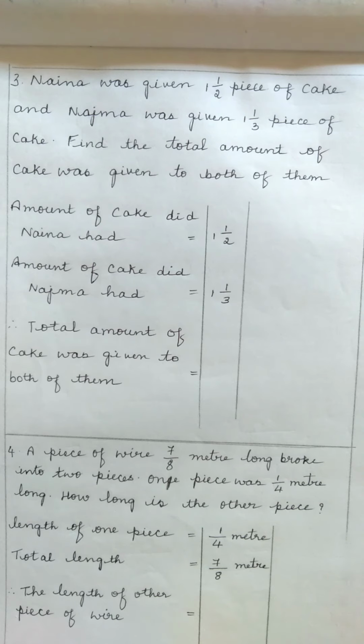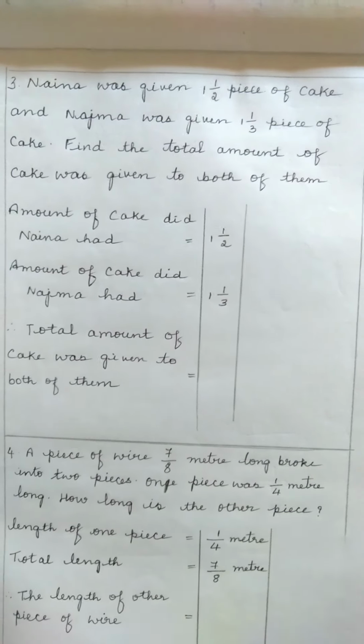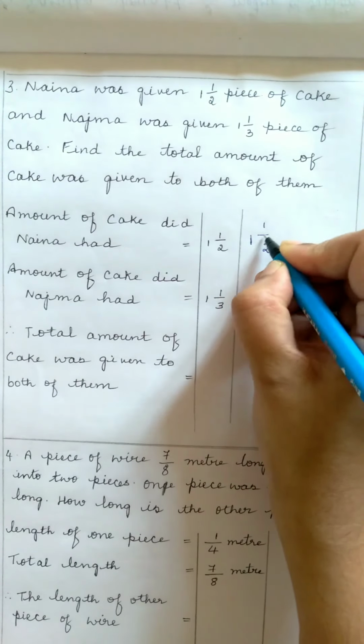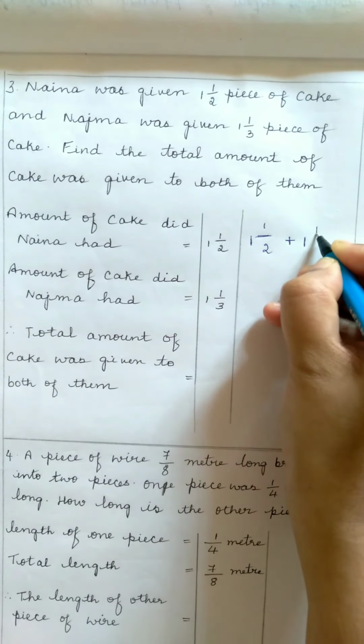Now, find the total amount of the cake given to both of them. So, we need to add two fractions. The two fractions are in the form of mixed fractions. So, now let us add 1 1/2 plus 1 1/3.